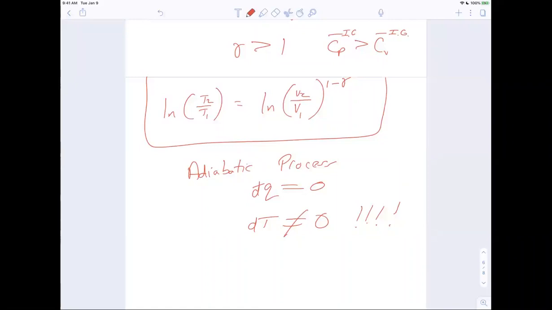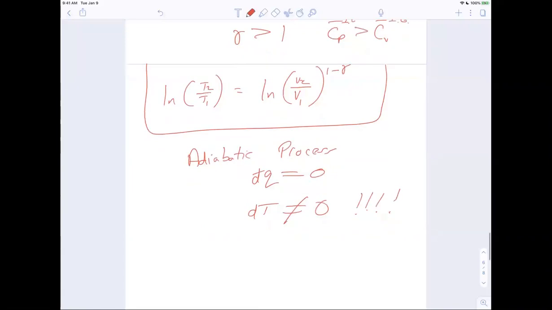Okay. So what if you have an expansion? What if V2 is greater than V1? Last point. If V2 is greater than V1, if you have an expansion, what can you say about the temperatures, knowing that gamma is greater than 1?